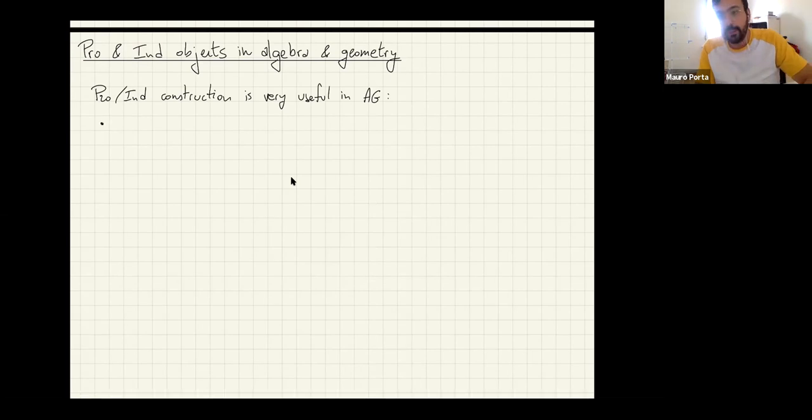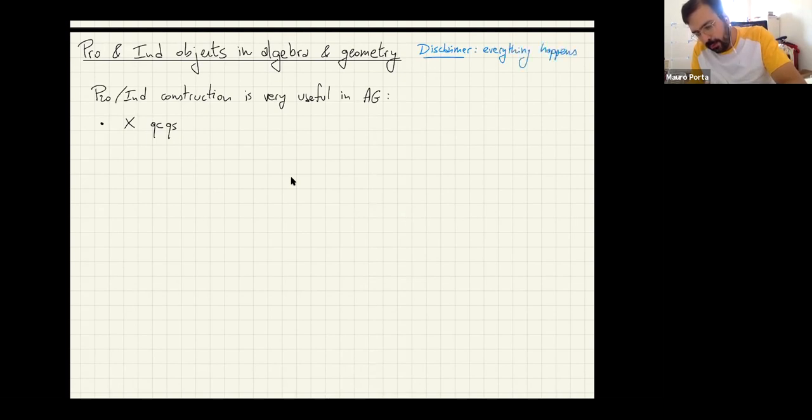Well, the first and perhaps most important thing is when X is a quasi-compact, quasi-separated. Sorry, just a disclaimer. The disclaimer is that everything happens in the infinity categorical setting, unless I say otherwise.